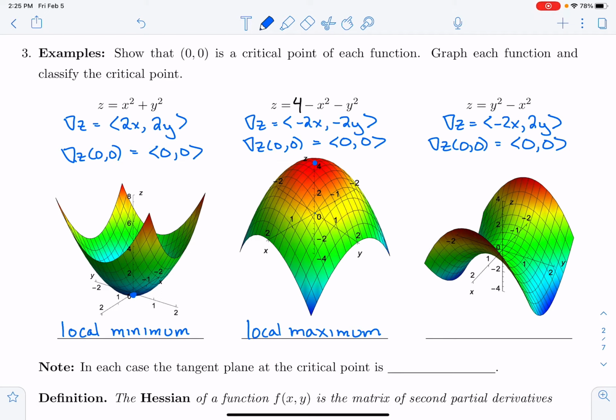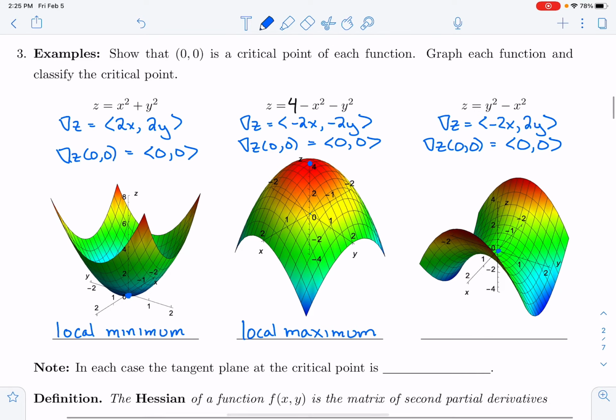But now when I look at the point (0, 0), it's a little bit tougher to see whether that's going to be a maximum or a minimum. If I look at this from a side view, it appears that when I'm looking at traces, we've got points that are going down like this from the critical point. So from this perspective, it looks like it's going to be a local maximum.